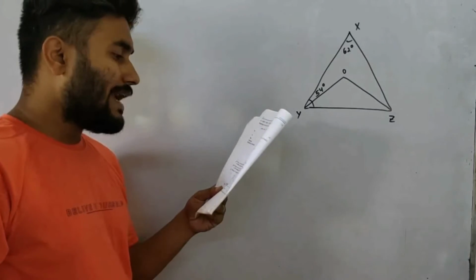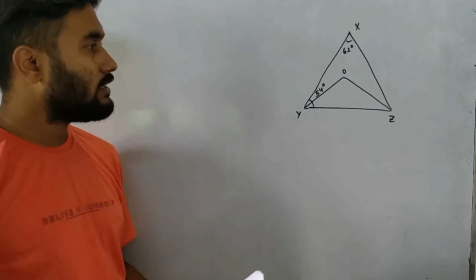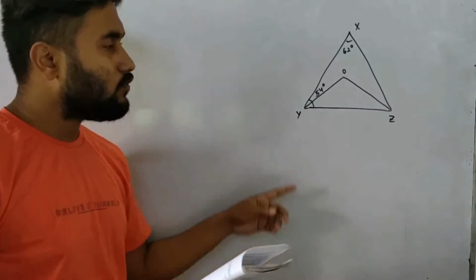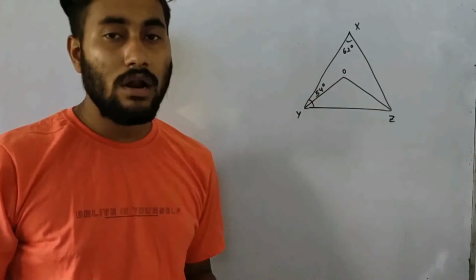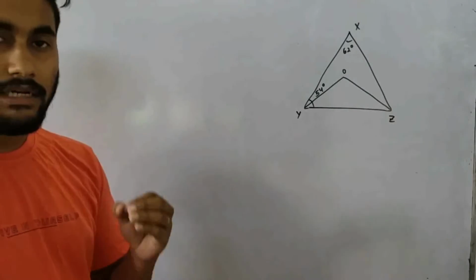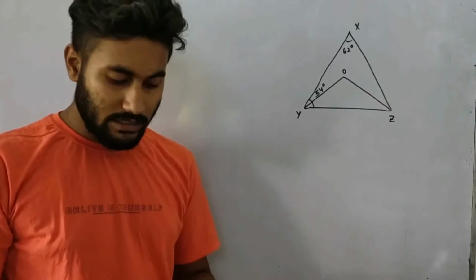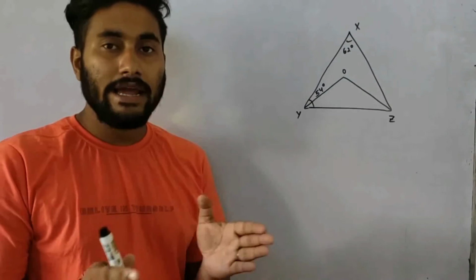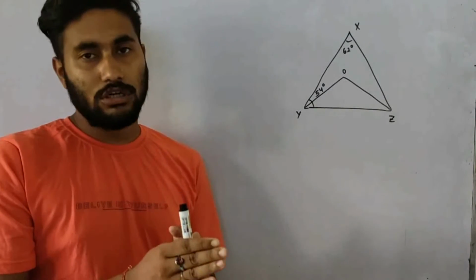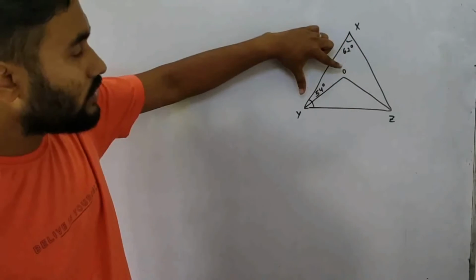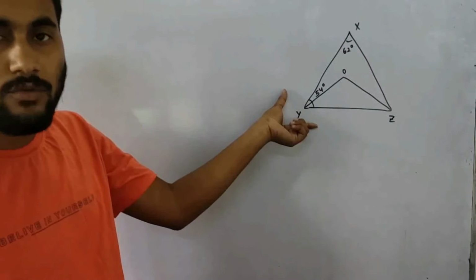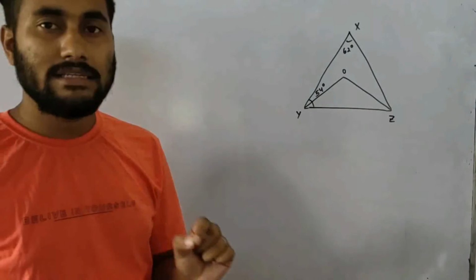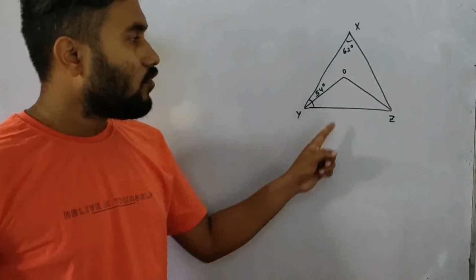If YO and ZO are bisectors of angle XYZ and XZY respectively. So YO and ZO are bisectors, as I have said in the previous class also. What is a bisector? A bisector is that line or ray which divides the angle into 2 equal portions. So YO is the bisector of angle XYZ, which means this upper angle and this lower angle are exactly the same.